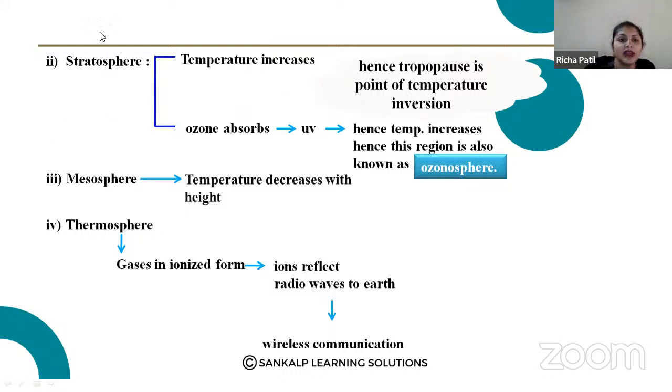In this stratosphere, you have ozone. It is 50 kilometers above sea level.